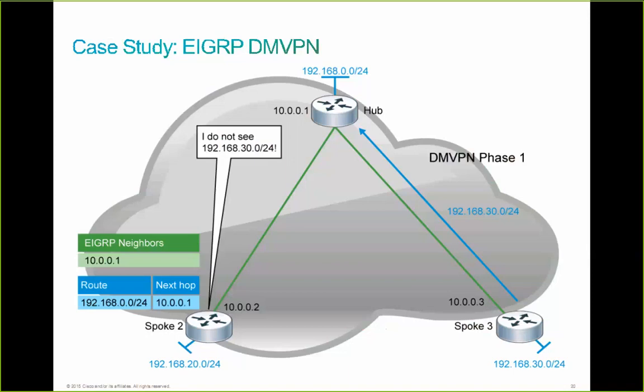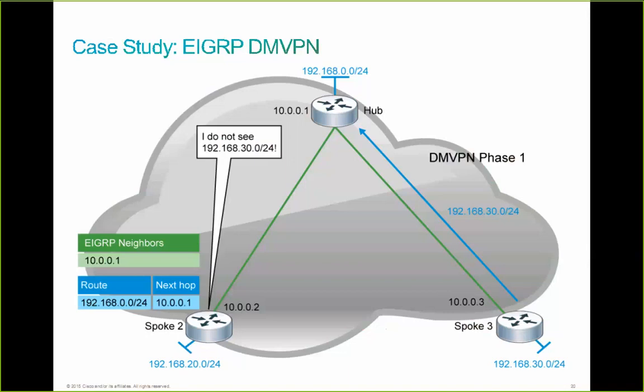In phase 2 and phase 3, we migrated from a basic hub and spoke topology to what we call a complex hub and spoke topology, or a full mesh, or a hybrid topology where some spokes are connected in a full mesh and some in a hub and spoke environment.